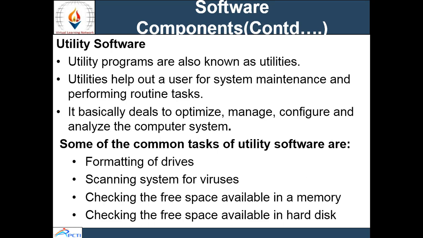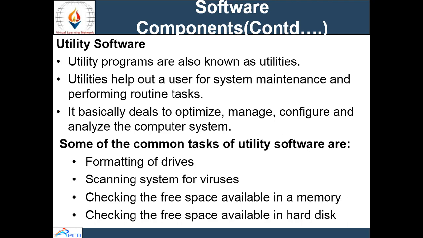Utility software. Utility programs are also known as utilities. Utilities help a user with system maintenance and performing routine tasks. It basically deals with optimizing, managing, configuring and analyzing the computer system.